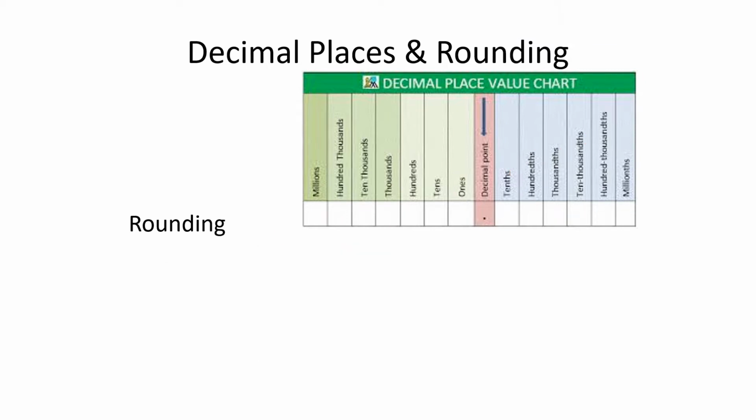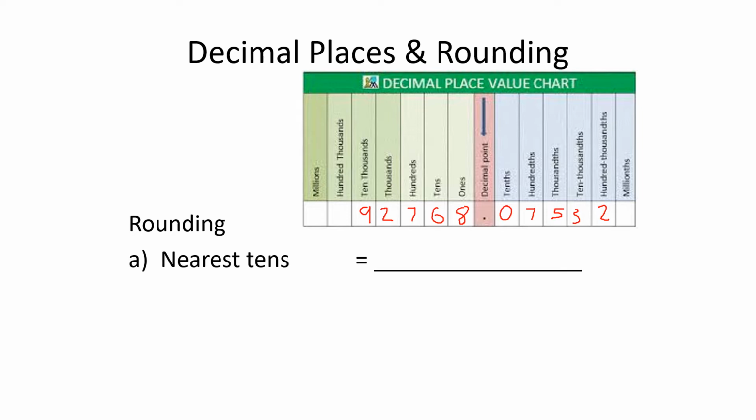All right, so let's fill in some numbers. 9, 2, 7, 6, 8, 0, 7, 5, 3, 2. All right. I think that number should work. So let's take a look at the nearest tenths. What number is in the tenths position? 6. So where do you look?